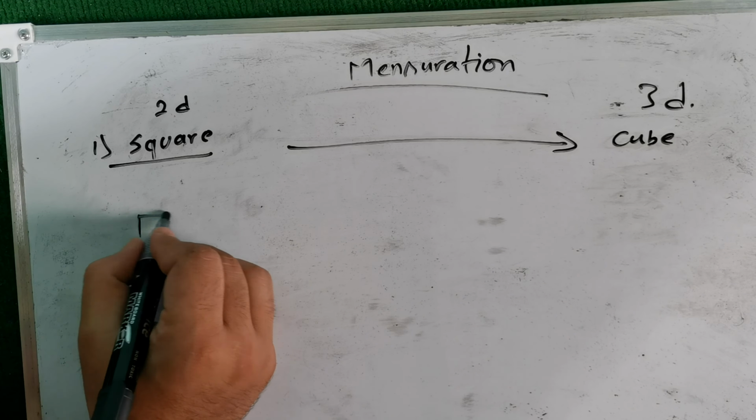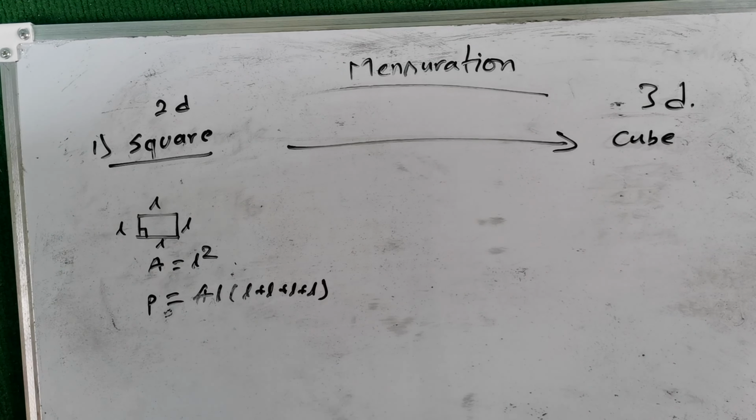The properties of square: the angle between two lines is 90 degrees, and the length of all sides is equal. The area of square is L square and the perimeter of square is 4L. 4L means L plus L plus L plus L.